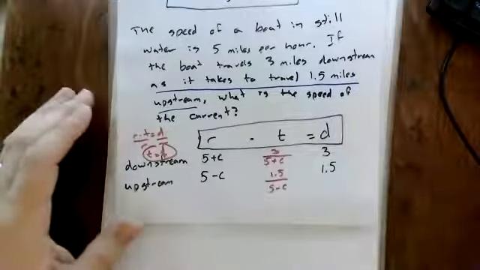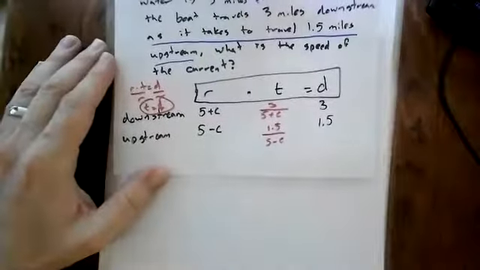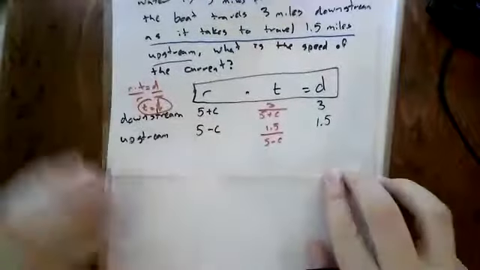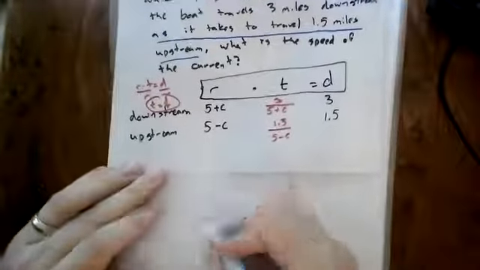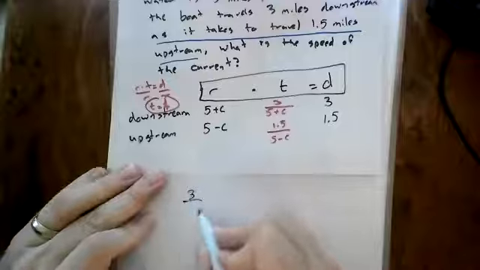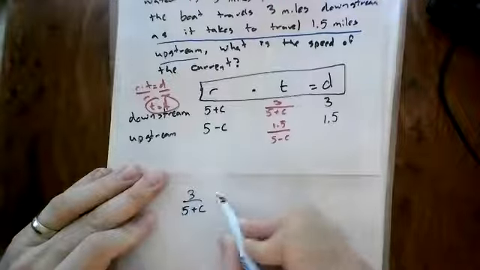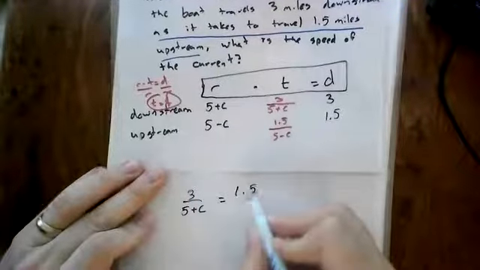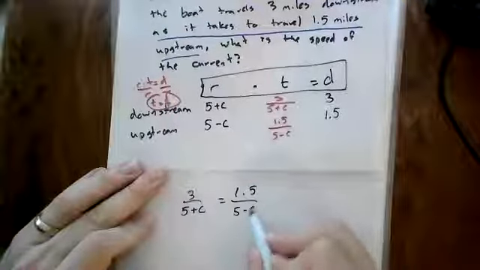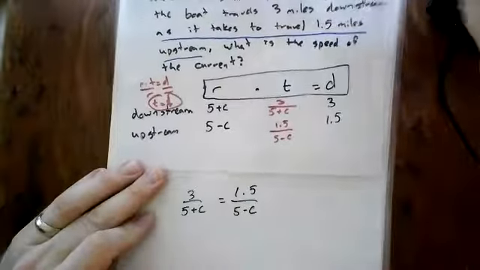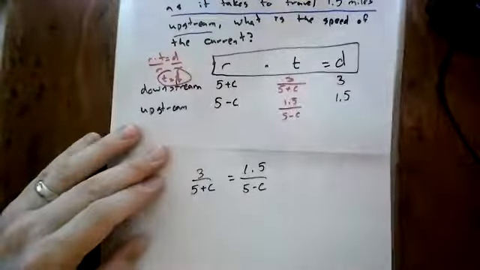So now we can just go ahead and set these two expressions equal and solve. This is going to be 3 over 5 plus c is equal to 1.5 over 5 minus c. And we can solve this from here.